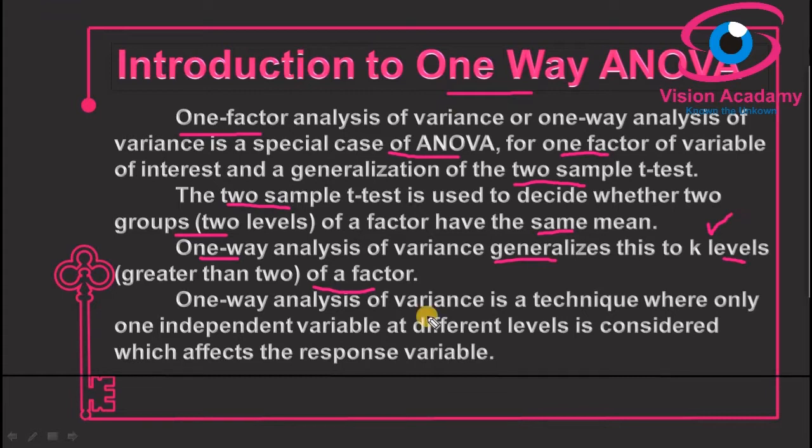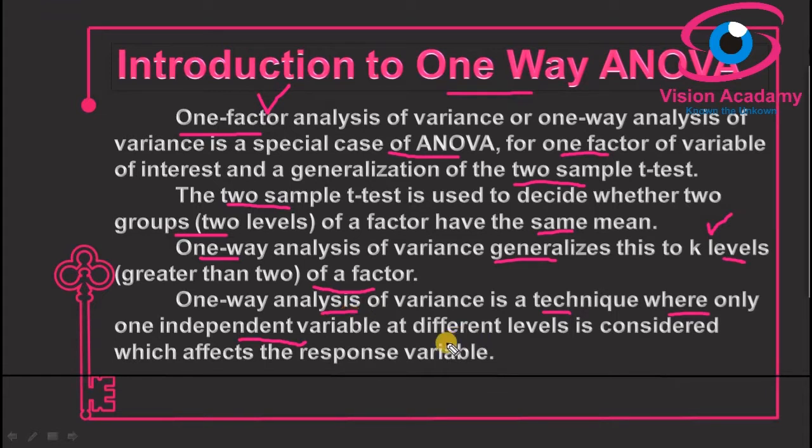So I will tell you the meaning of one-way ANOVA. One-way analysis of variance is a statistical technique where only one independent variable is considered. This is very important. If you have two independent variables, you must go for two-way ANOVA. If you have one independent variable, that is a one factor consideration, then you must go for one-way ANOVA. But it does not mean that if you have only one independent variable, you must have only one dependent variable.